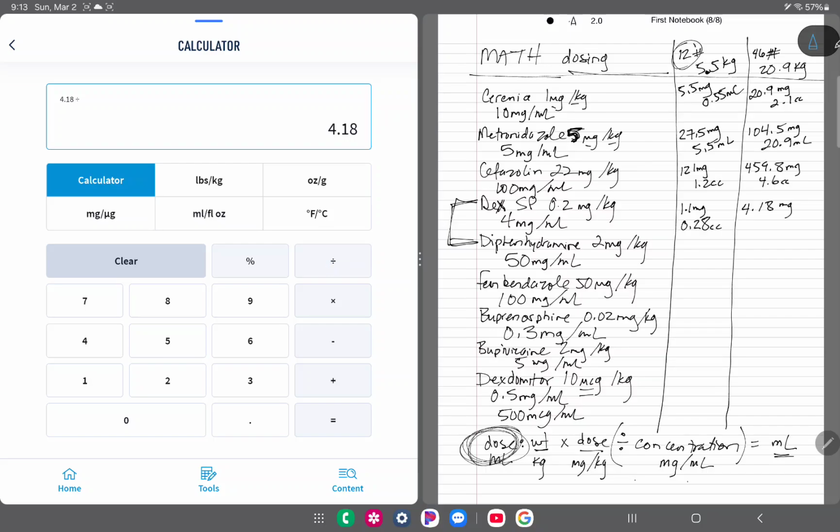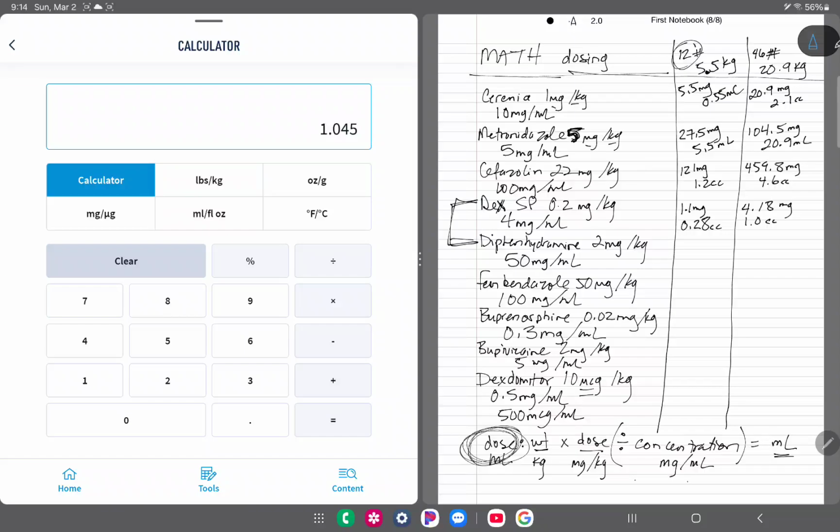You divide it by concentration, which is 4, and you get 1, and if you round appropriately, it stays at 1 cc. And that's what you give to your pet. Now, if you see where I'm going with this and you'd like to continue on, just keep pausing and doing all the rest of the bits on your own, and then we can see it later.